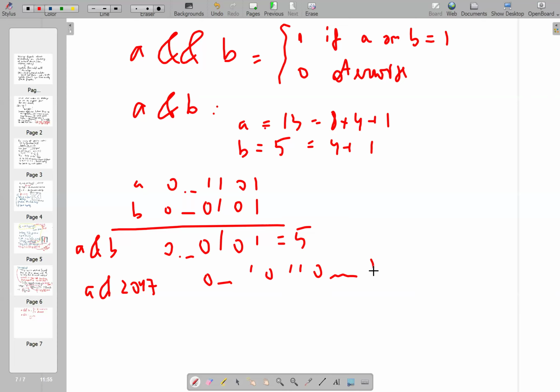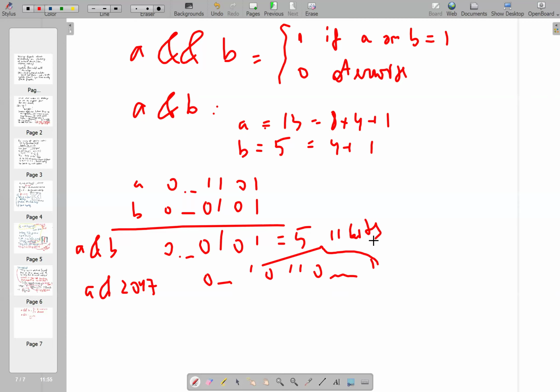Altogether, our range is 11 bits. We agreed that our index spans 11 bits because it's from 0 to 2047, which is all ones, so 11 bits.